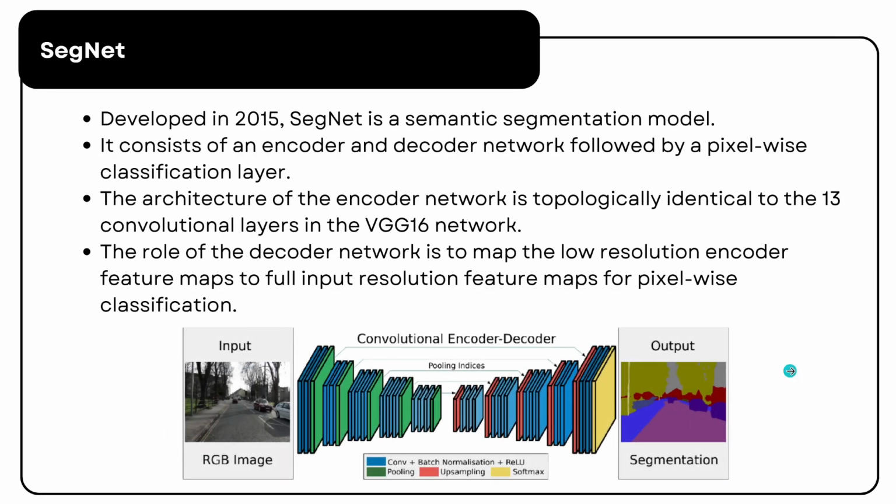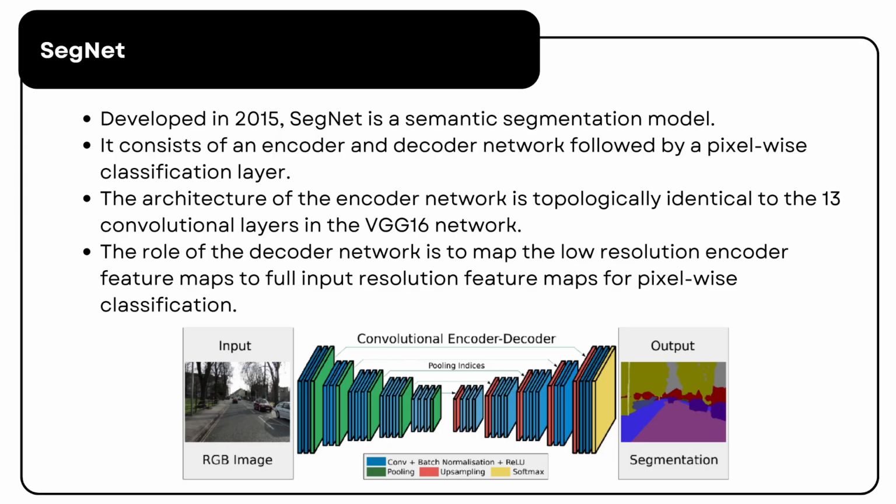Okay, so to give you more detail about SegNet, SegNet is one of the earliest and most influential deep learning models for semantic segmentation. SegNet was developed in 2015 with a clear goal: accurate pixel-level classification.